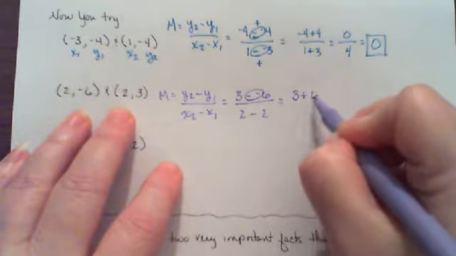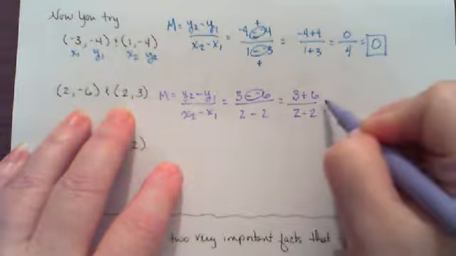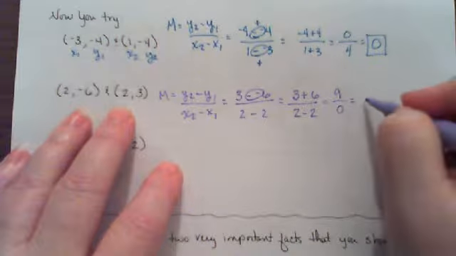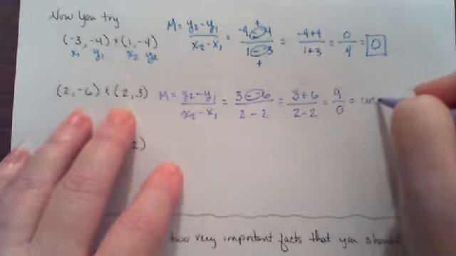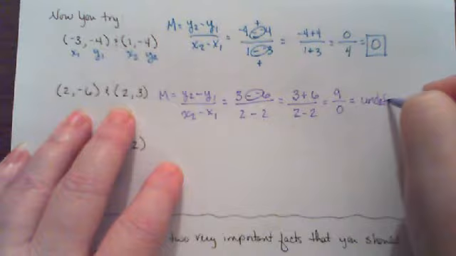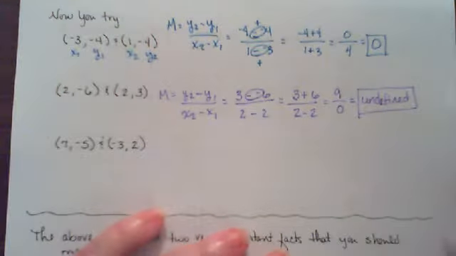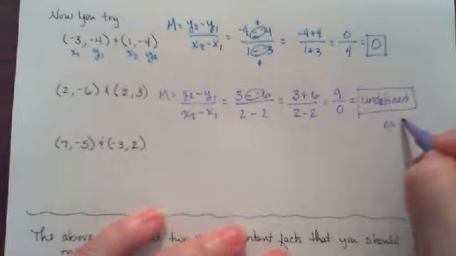That's 3 plus 6 over 2 minus 2. That's 9 over 0. 0 on the bottom means that it is undefined. Otherwise known as no slope.